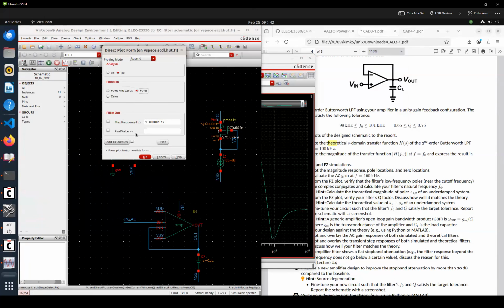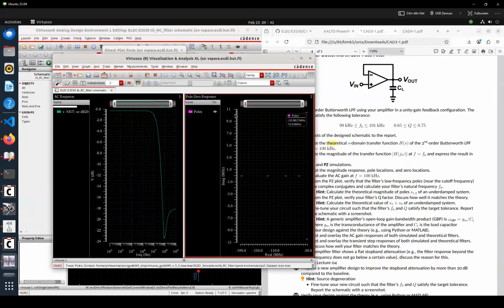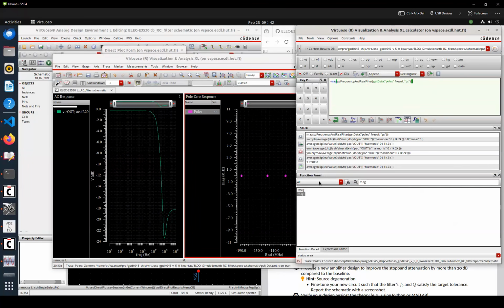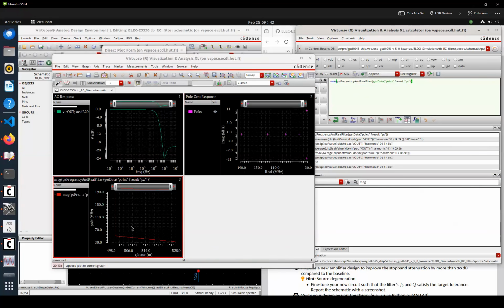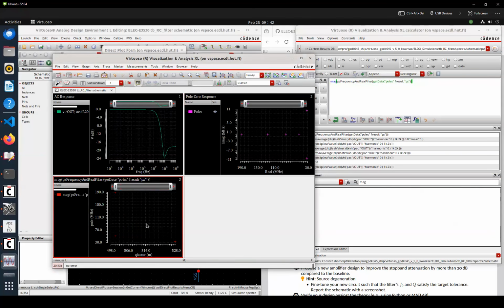Let's plot poles only. Okay, and if you put magnitude, let's type point. Then this one corresponds to conjugate complex poles, right?